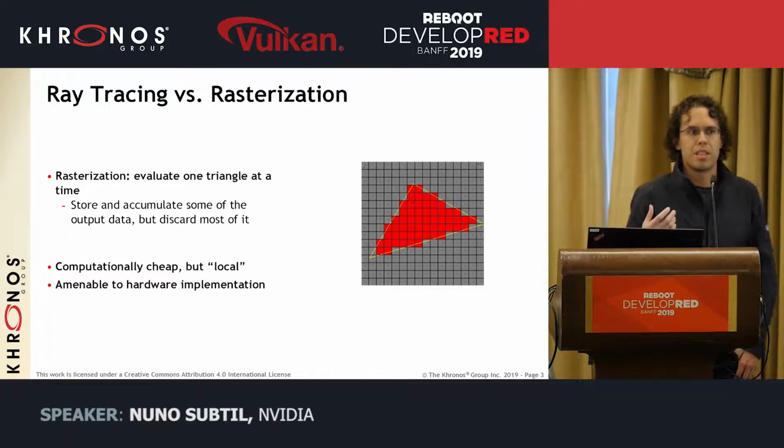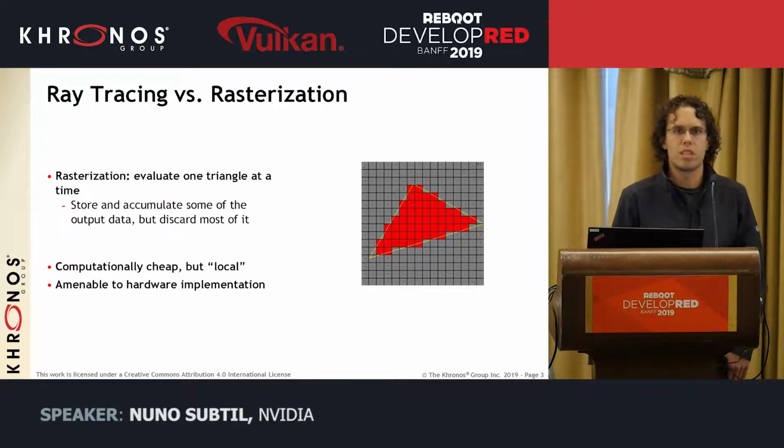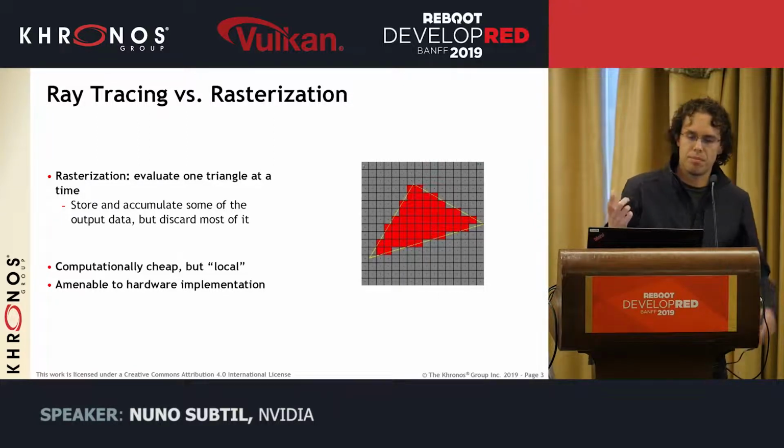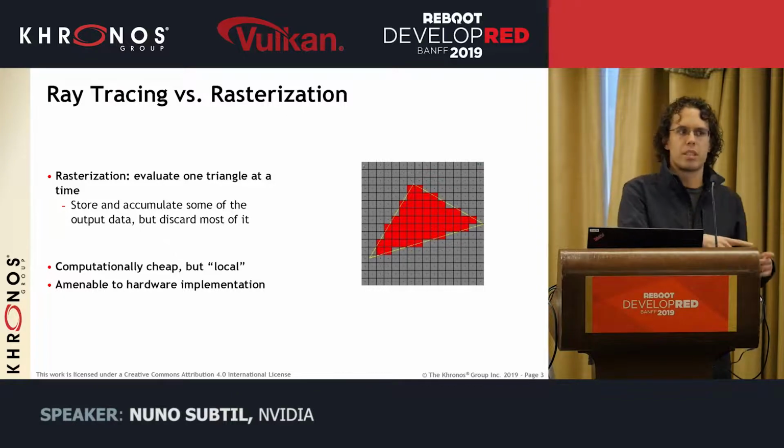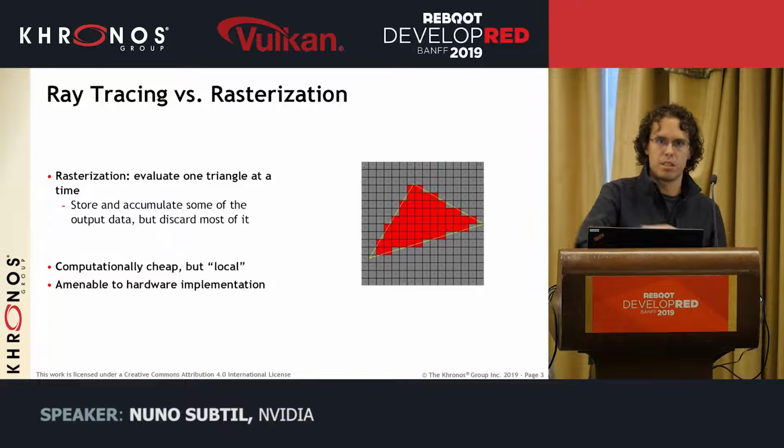A concrete example of where this becomes kind of difficult is if you think about implementing shadows, for instance. And shadows are ubiquitous. Every scene has light sources, so every scene has shadows of some sort. But how do you actually do shadows in a rasterizer? Well, if you're processing one triangle at a time, you don't actually know if there's any other primitives in between this triangle and the light source.